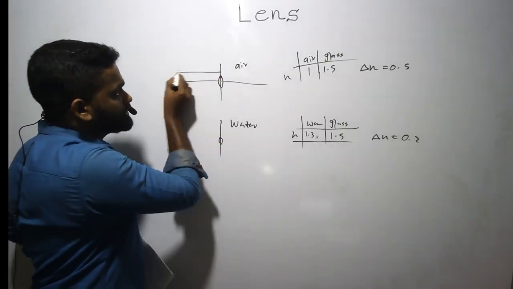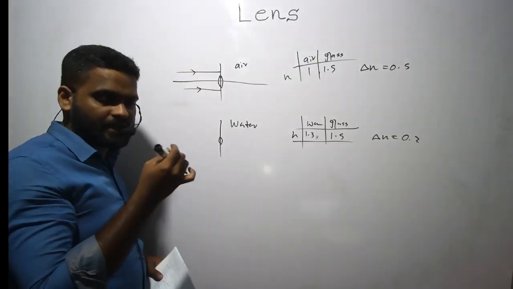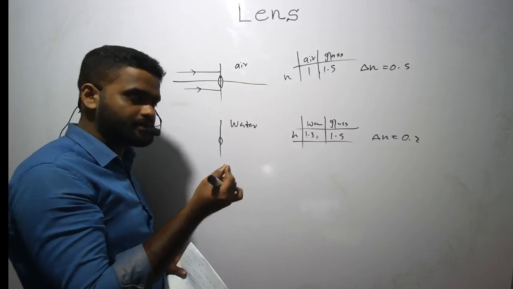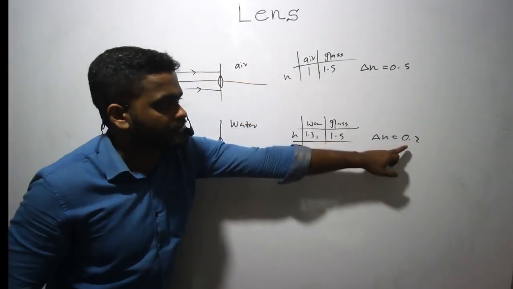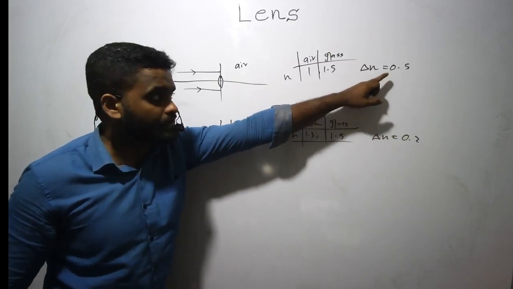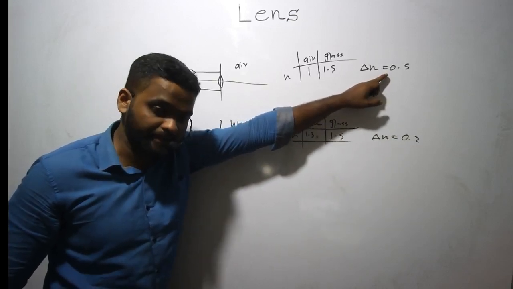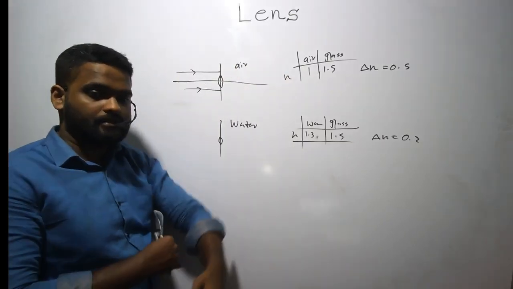If you think about a parallel beam, using a parallel beam we can identify the focus. Here the difference is higher than here. So what does it mean? If the refractive index difference is higher, there's going to be more refraction.